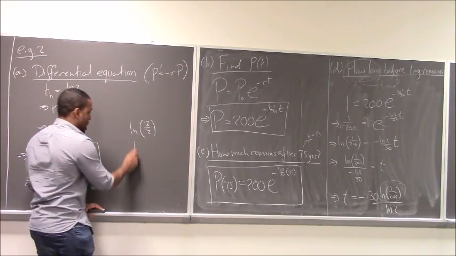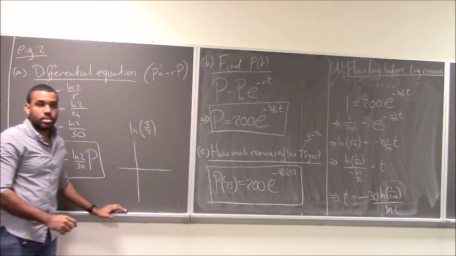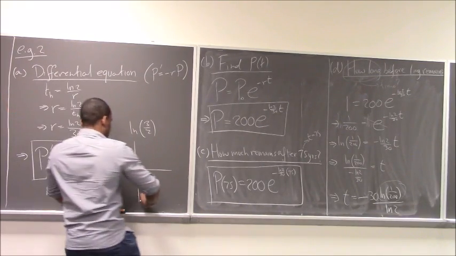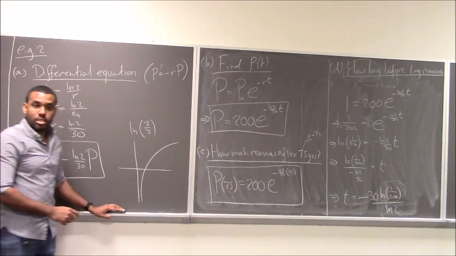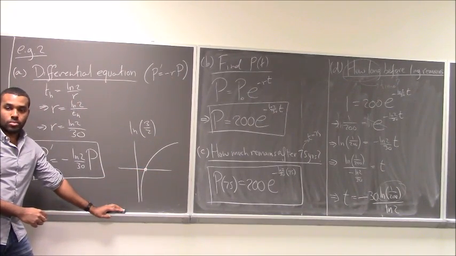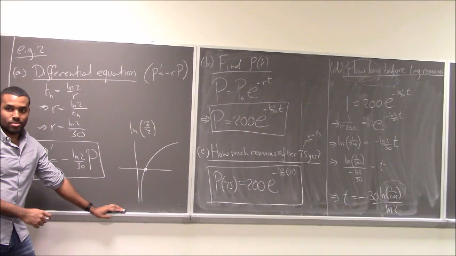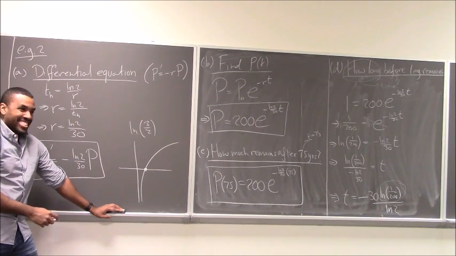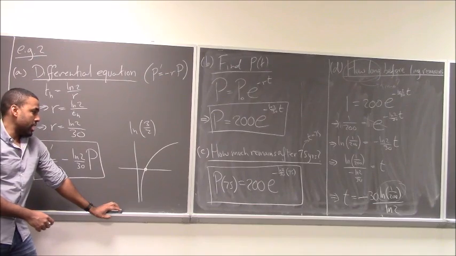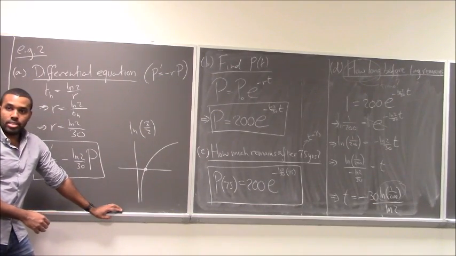You remember what the ln graph looks like? It's like this. What's the x-intercept for the ln graph?